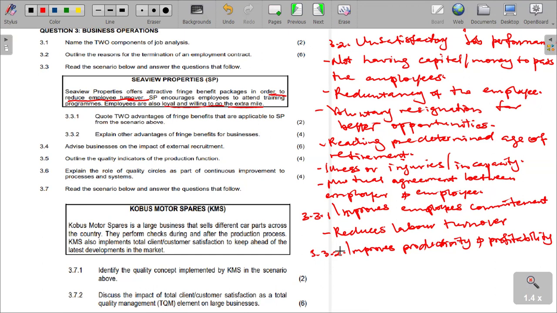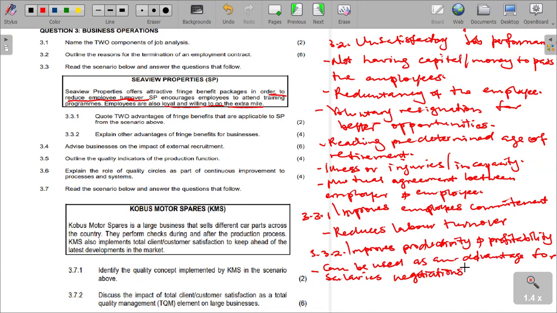It can also be used as an advantage or as a leverage for salary negotiation by the organization. It can be used as a leverage for salaries negotiation as well.